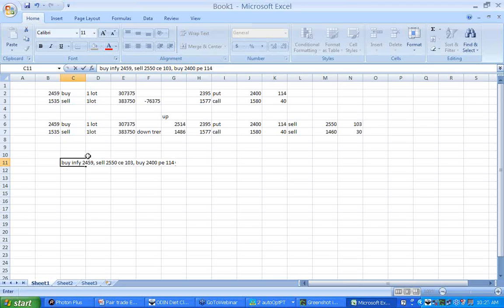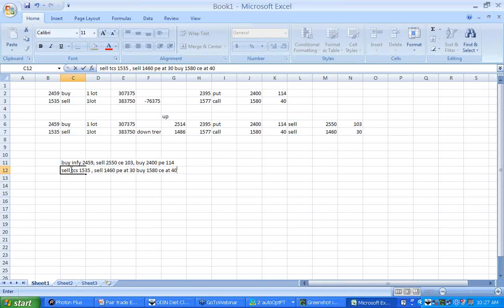Whatever money I have paid to the market in terms of time value, I am taking out an equivalent amount from the market. The same way I will sell TCS. Think of initiating this trade at 1535, selling the 1460 put option at 30 and buying the 1580 call option at 40.